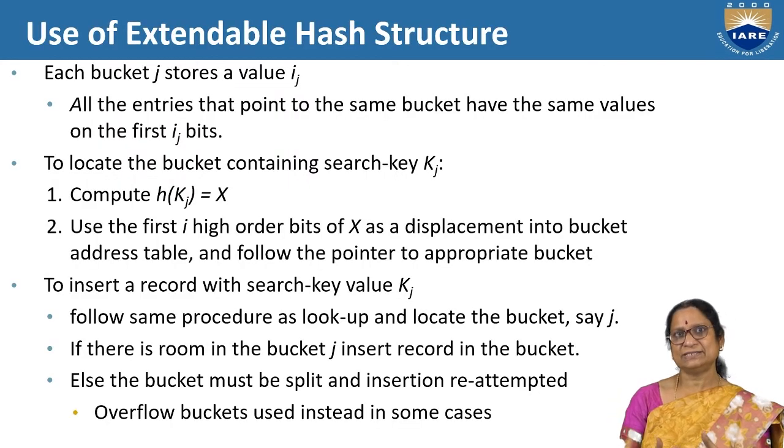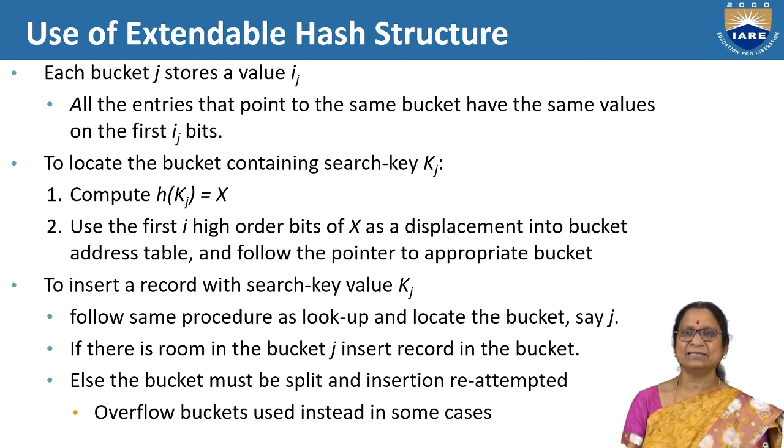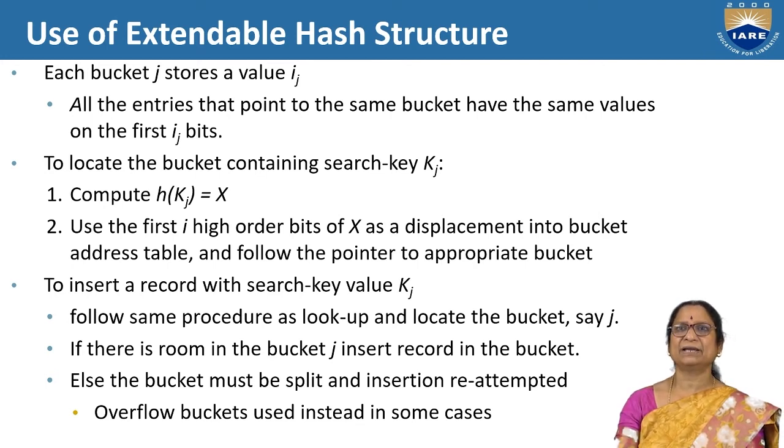So what is the advantage of the extendable hash function? Each bucket j stores a value ij, and all the entries that point to the same bucket have the same values on the first ij bits. To locate the bucket containing a search key kj, we compute the hash function on that key kj. As usual, we get some value x.